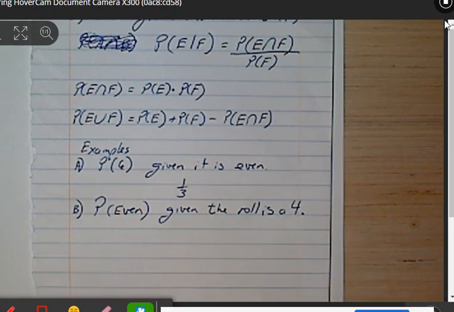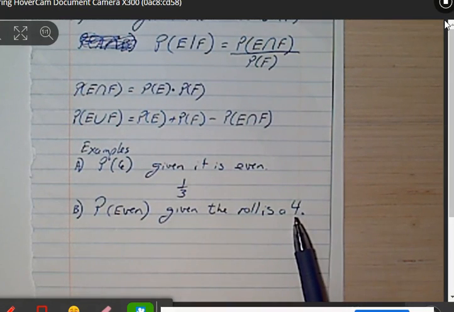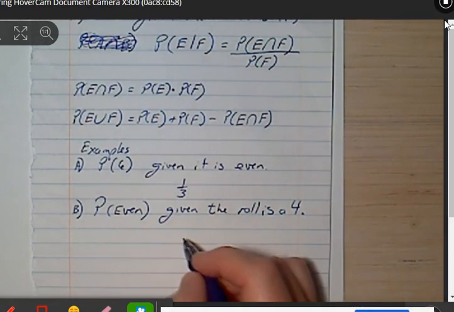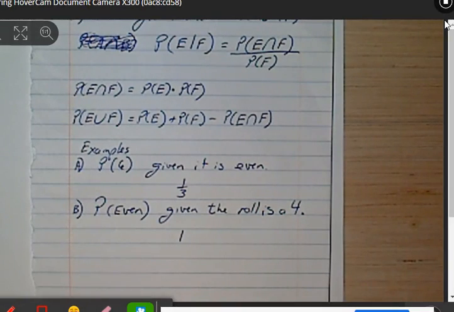But this is some of the problems that set it up this way. The probability of getting an even, given that the roll is a 4. Well, if it's 4, it is even. So it's already an even. In that case, your probability would be a 1, because if it is a 4, it is even. There's no other way you can get something other than that.